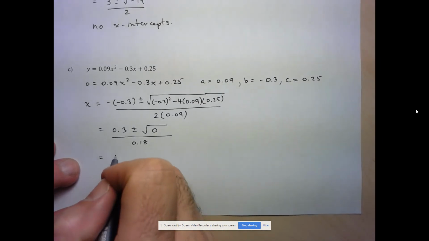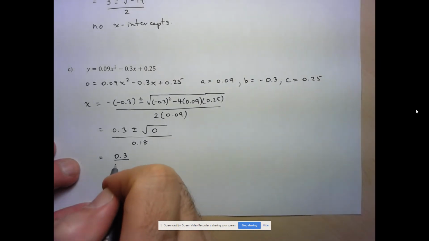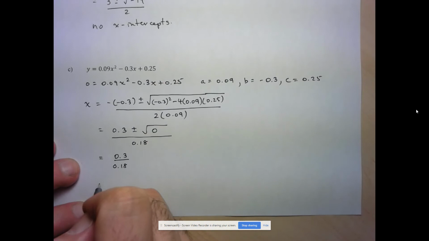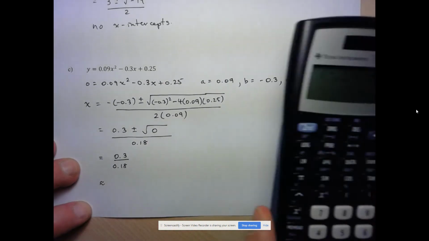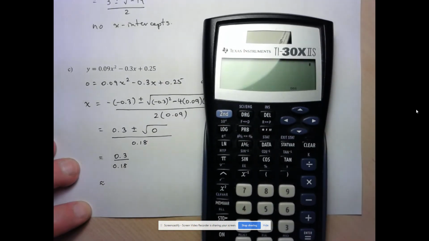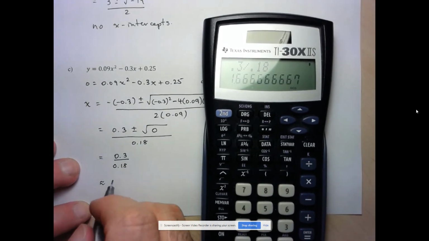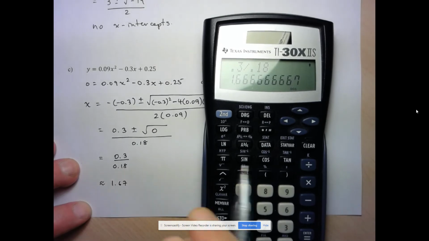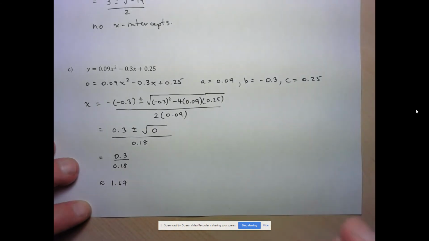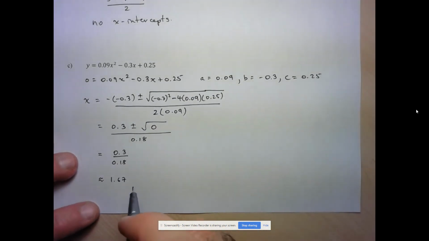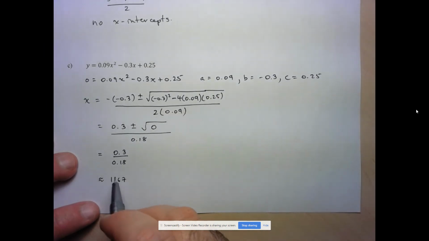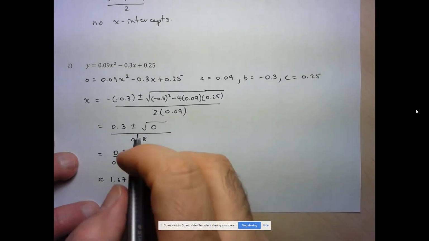So this is just going to be 0.3 over 0.18, which we could estimate as, okay, let's do that here, 0.3 divided by 0.18, so about 1.67. Or if we wanted to put this in a nicer way, how would we do this? How do we put this in fraction form? Well, first thing you want to do is get rid of these decimal places here.